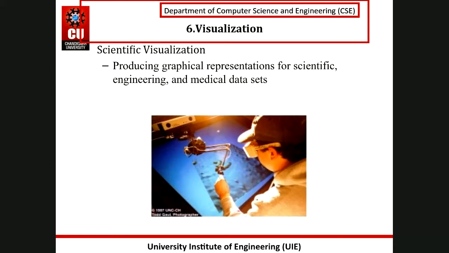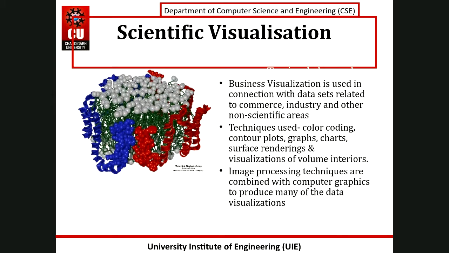Visualization: we can also visualize scientific, engineering and medical data sets with the help of computer graphics. We can make graphical images of medical data, and it can be easily seen with the help of computer graphics.